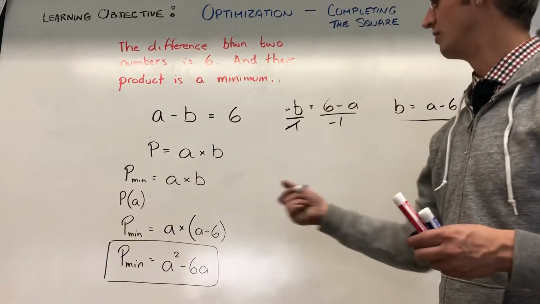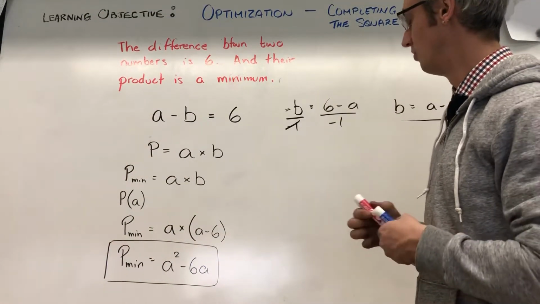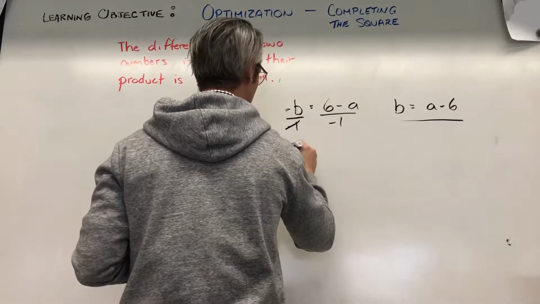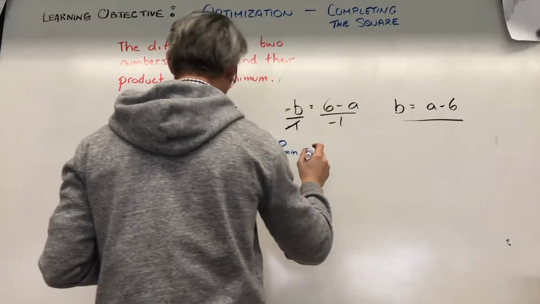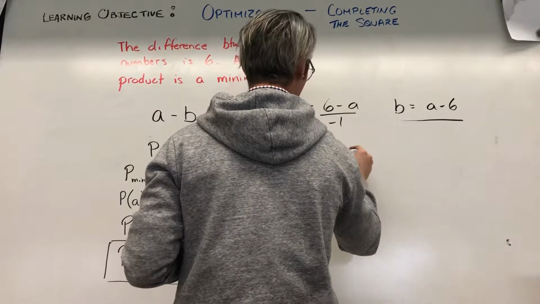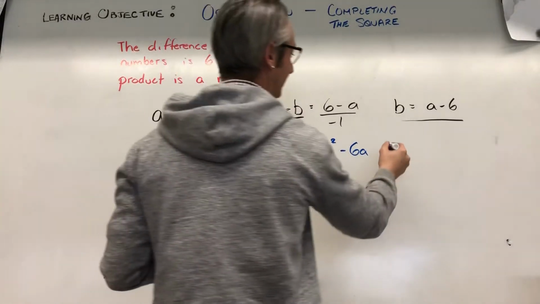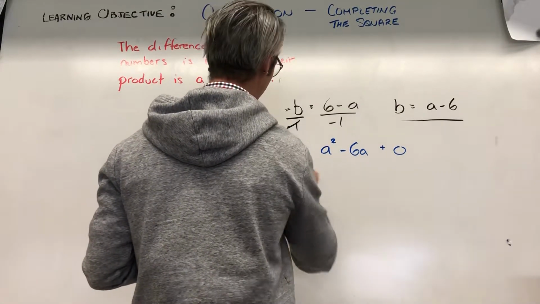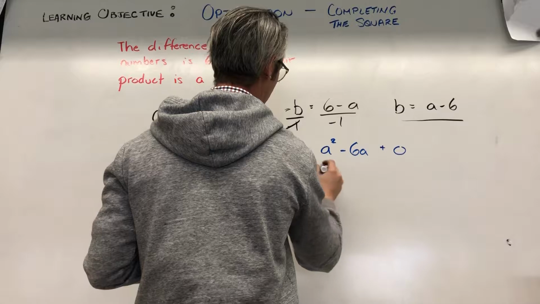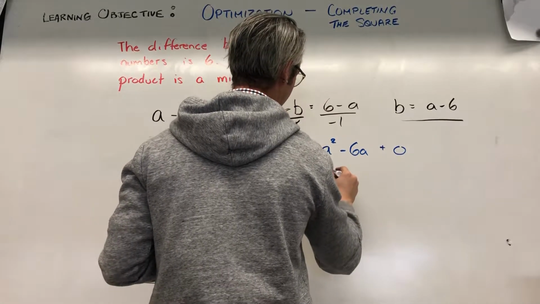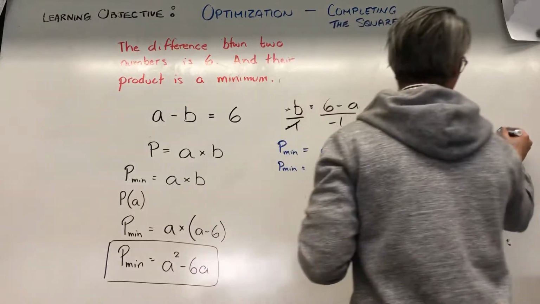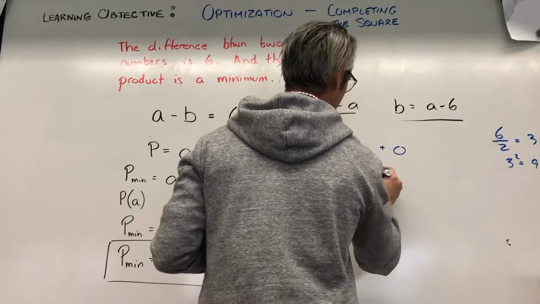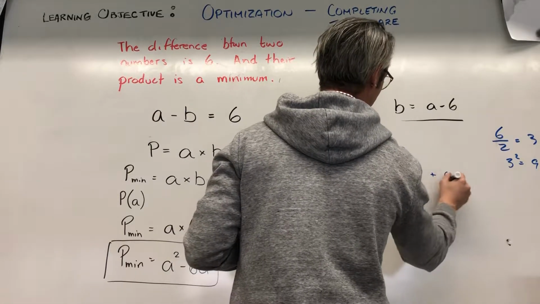There's my quadratic, and I'm going to complete the square on this. So P min is equal to a squared minus 6a, and then there's an invisible 0 right there. Now I complete the square: P min is equal to a squared minus 6a, and then 6 divided by 2 is 3, and 3 squared is 9, so plus 9 minus 9 plus 0.